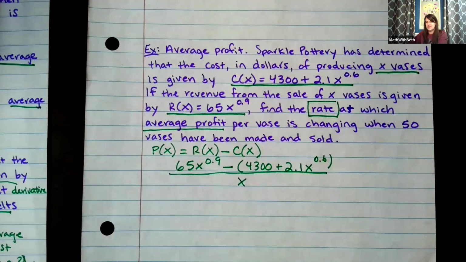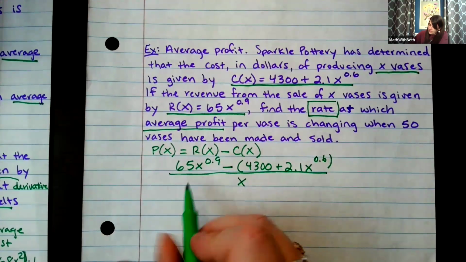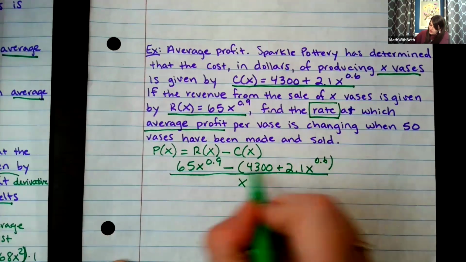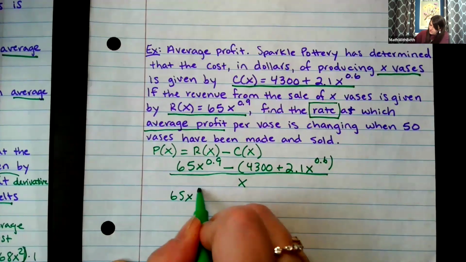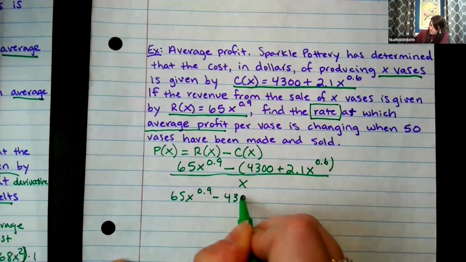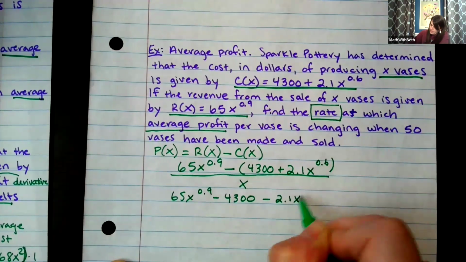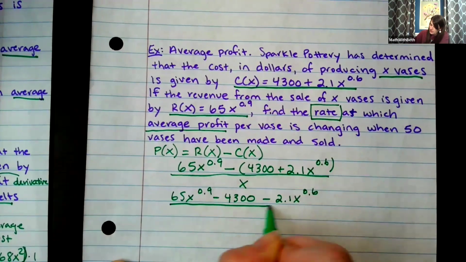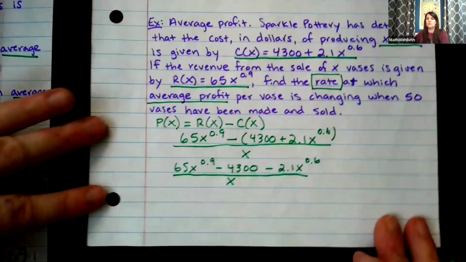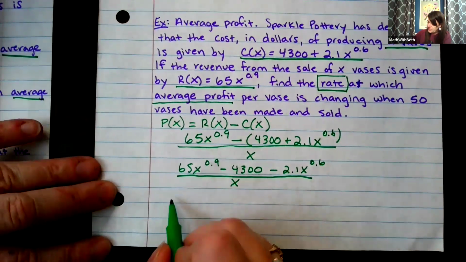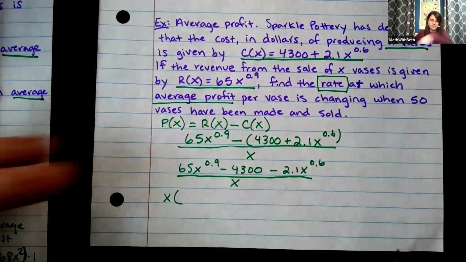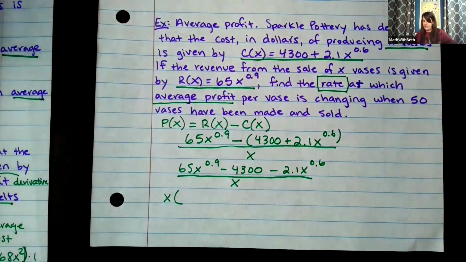But now they want us to do the derivative. So first, I'm going to go ahead and just distribute that negative. And now I'll go ahead and use my quotient rule, which tells me to do the bottom times the derivative of the top.